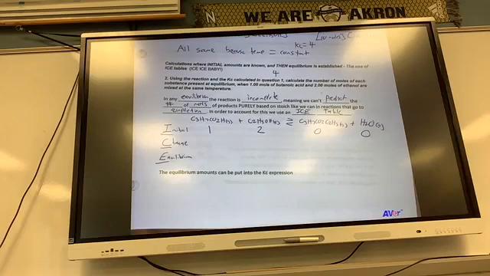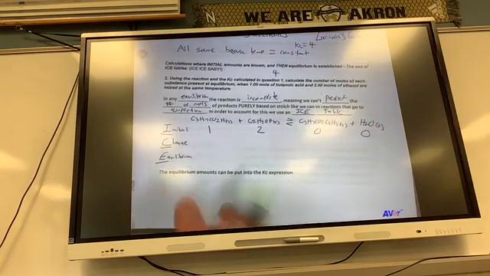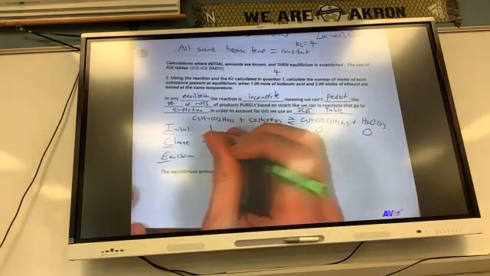Now it's going to change. My amount of products is going to go up. What's going to happen to my reactants? Do I know by how much? I don't know how much. So my reactants have to go down by x.